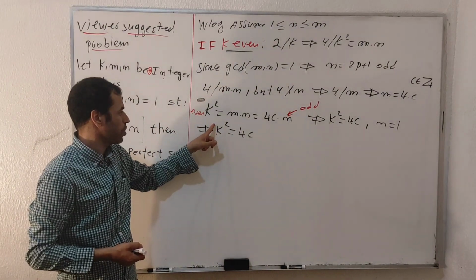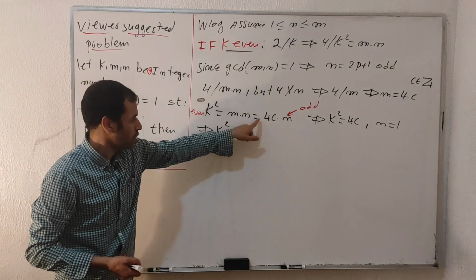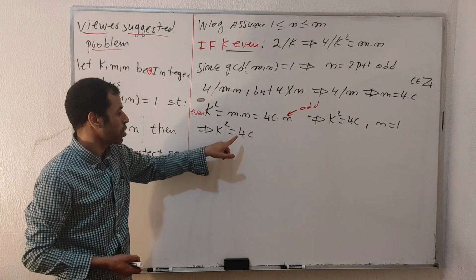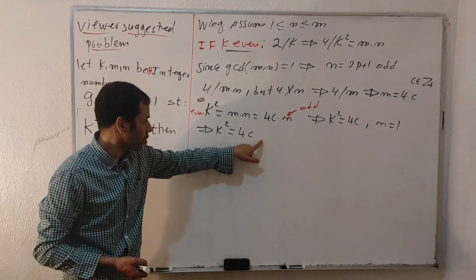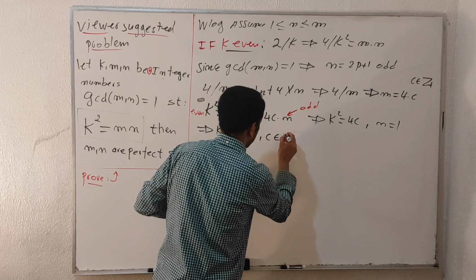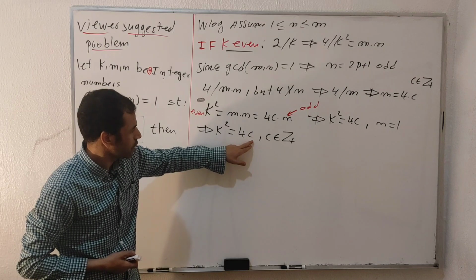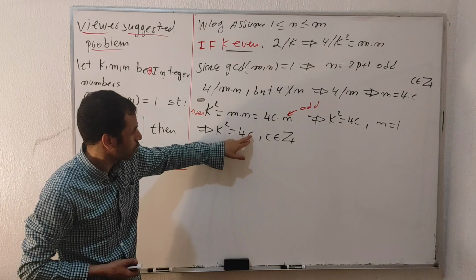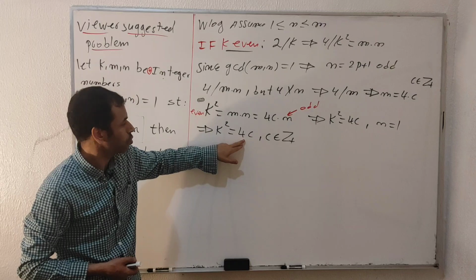So this is telling us k squared equals 4c. We know k squared is even, at the same time a perfect square, which means 4c is a perfect square, which means the right hand side of this equation must be a perfect square. So since 4 is a perfect square, that means c must be a perfect square. Okay, but the problem, since we know c is some integer, c doesn't work for all integers. For example, if you have c equals 2, 2 multiplied by 4 is 8. 8 is not a perfect square.